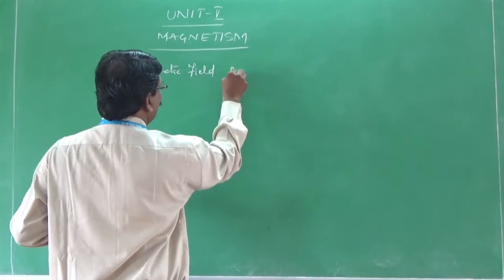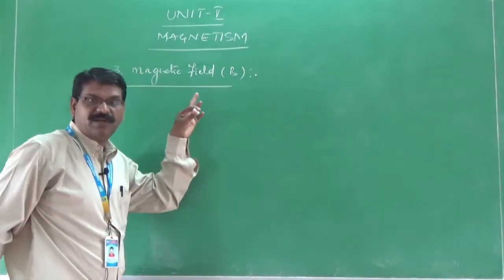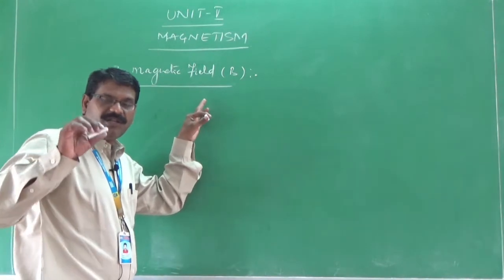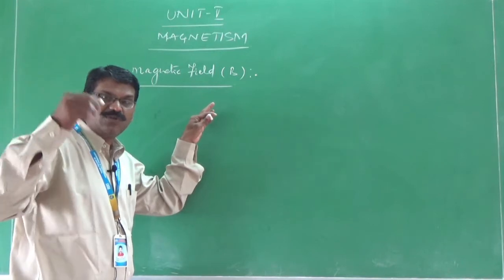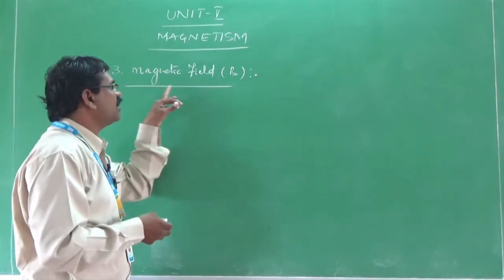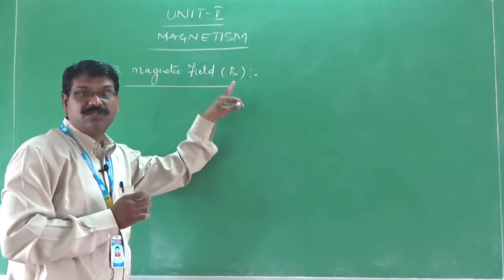This is denoted by B bar. The region in which the magnetic lines of force can be extended, with the influence of the magnetic field, I am calling magnetic induction field strength or magnetic field, denoted by B bar.